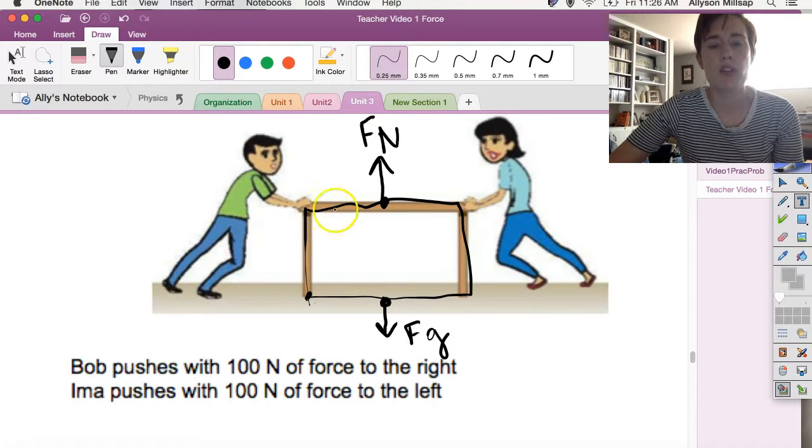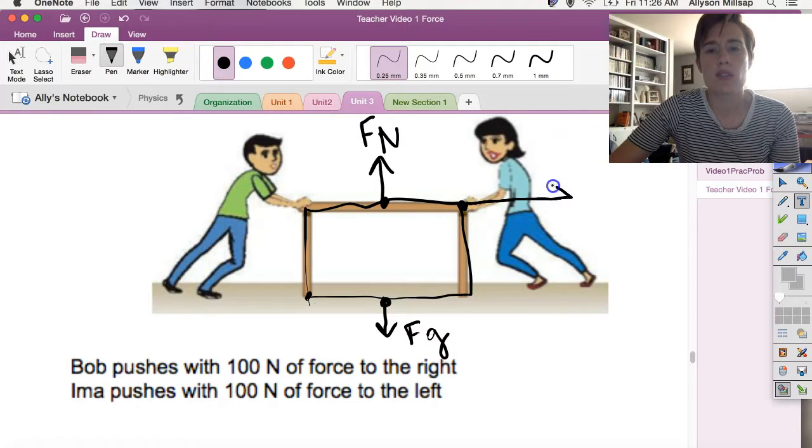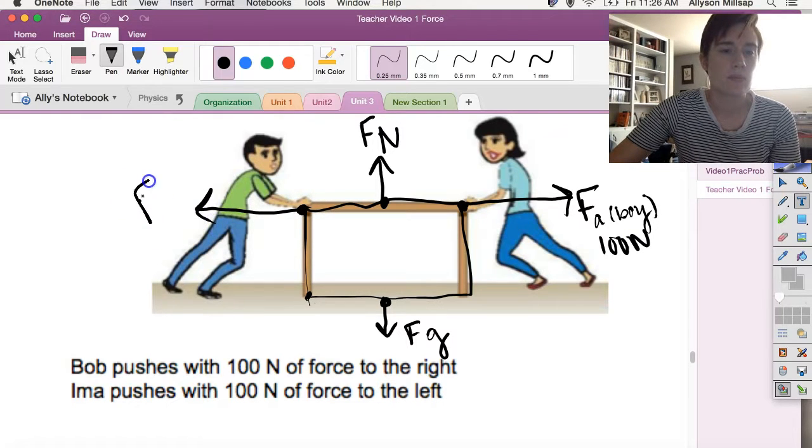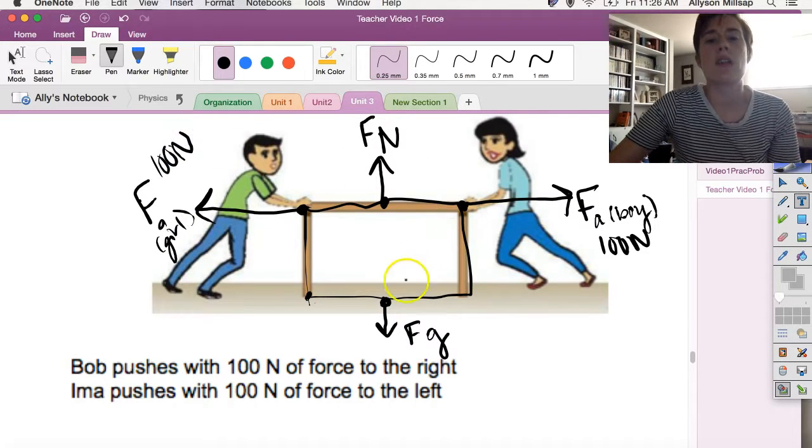The boy here is pushing in this direction. The applied force of the boy is 100 newtons. The applied force of the girl, she's pushing this direction, is also 100 newtons. So this object is not going to move.